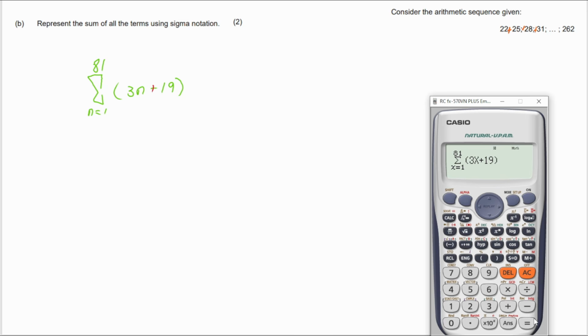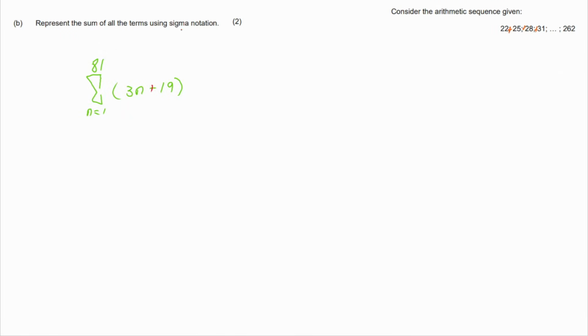When I press equals, the calculator is adding all of these 81 terms together. And when we add them, we get 11,502. So when we add all of these, we get 11,502, and you can see that they want to get to 15,000.